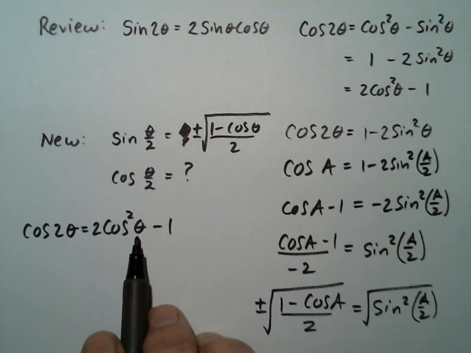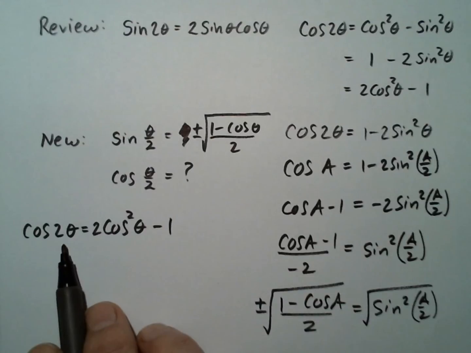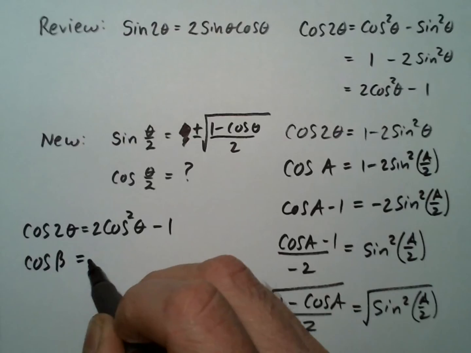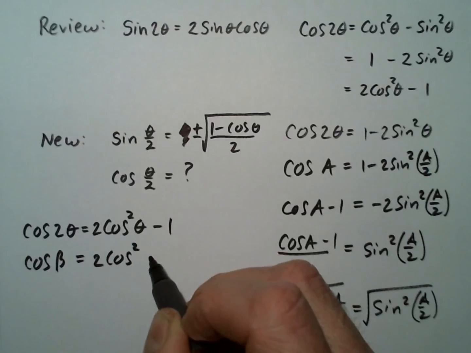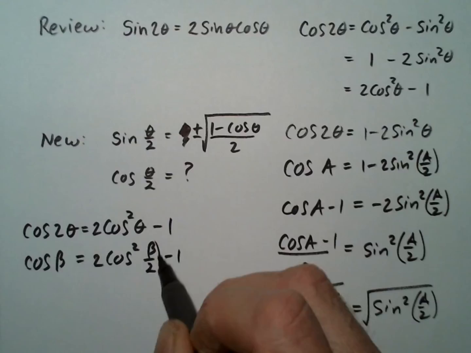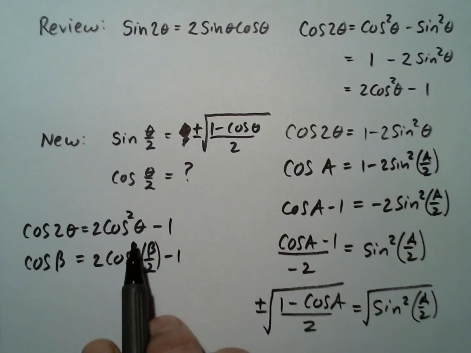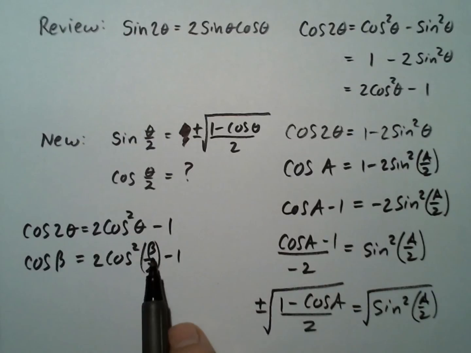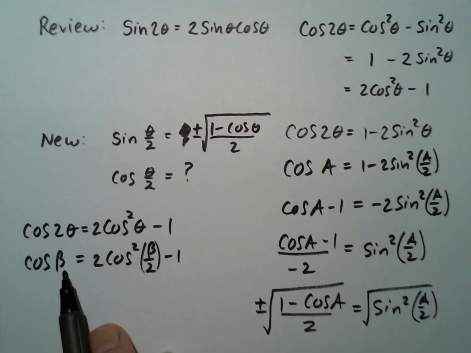And then we see that theta is half of 2 theta. So why don't we just call that beta, and that'll be half of beta. If theta is half of 2 theta, then we could say that beta over 2 is half of beta.